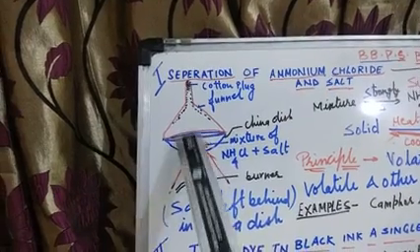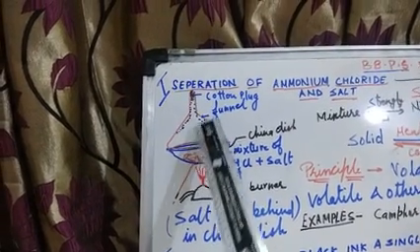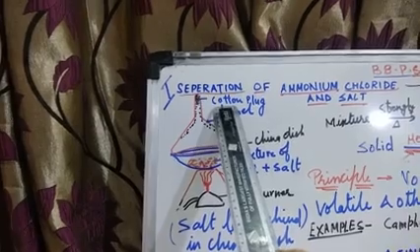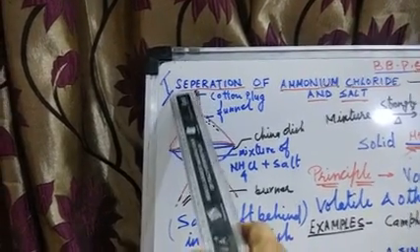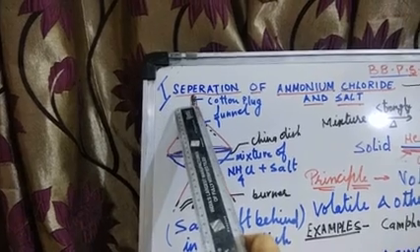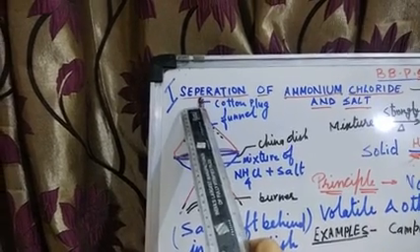I have kept the funnel upside down, you can see, and its opening is plugged by a cotton plug. Cotton wool is taken to close this opening of the funnel.